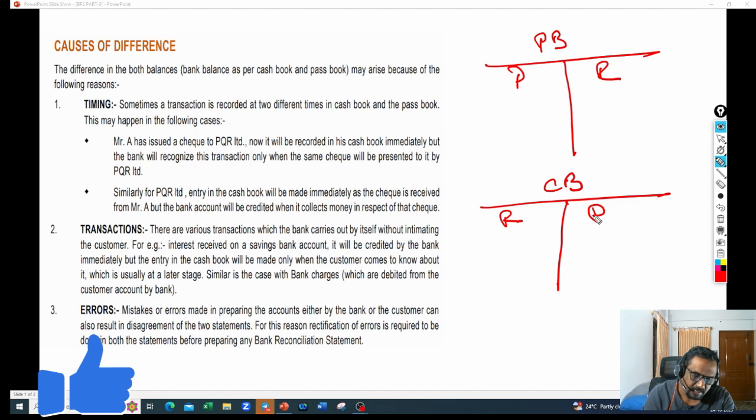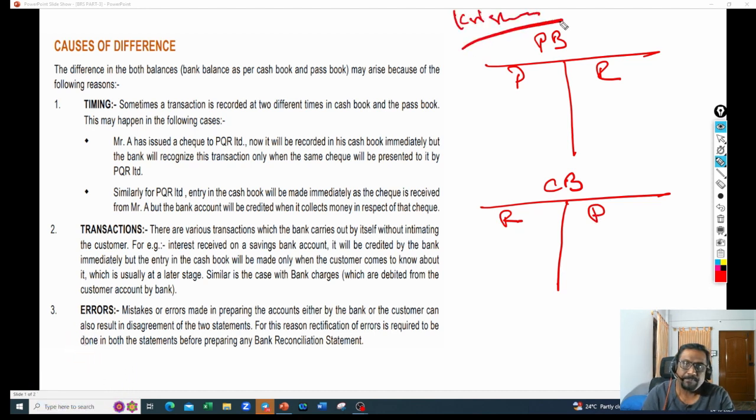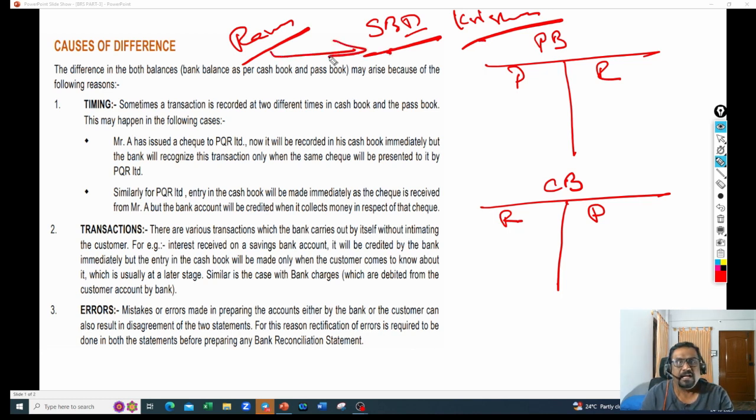So let us say this is Krishna's passbook. Rama also has his account in the same bank. Let us say this is State Bank of India. Krishna has an account in SBI for his business. Rama also has his business account in State Bank of India.